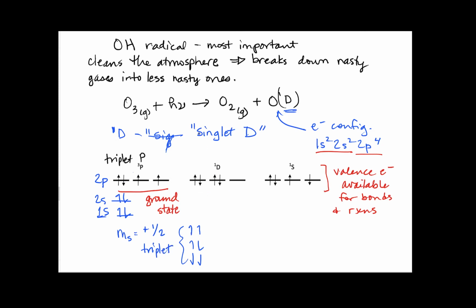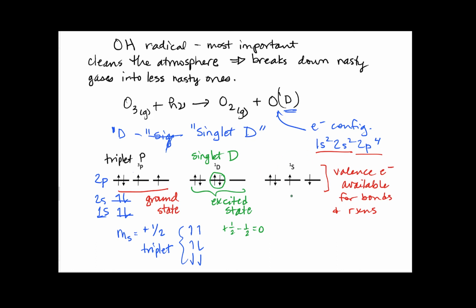So this next one is our excited state that we were talking about up here, the singlet D excited state. And you can see that these two electrons are paired up. That means that our spin +1/2 and -1/2 cancel each other out, and there's only one way for this spin to be, and even in a magnetic field, they can't switch spins because they are paired up.